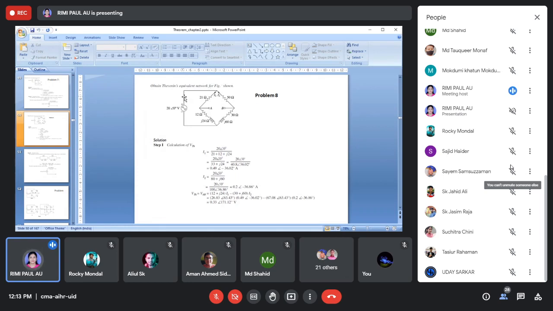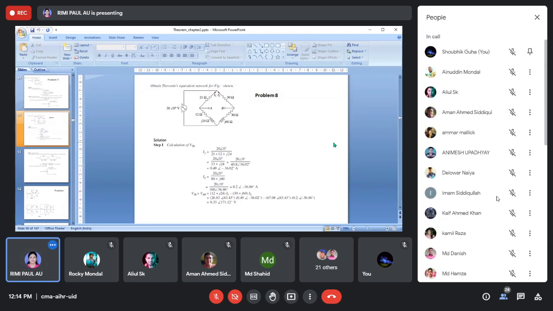First you will short circuit this path and draw the circuit diagram, and tell me what will be the ZTH. I am giving you 3 minutes to draw the circuit.